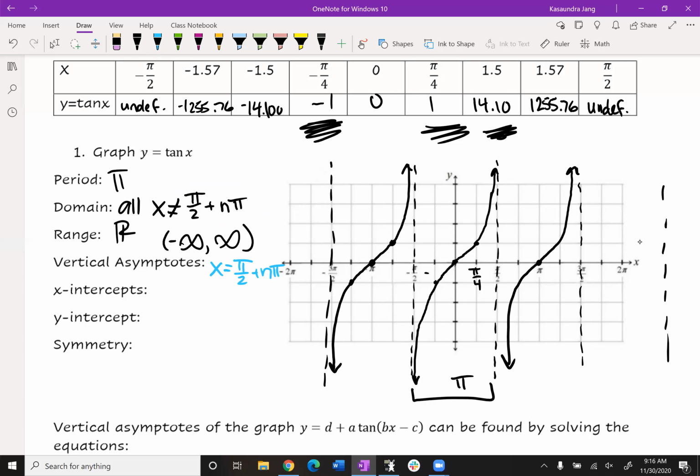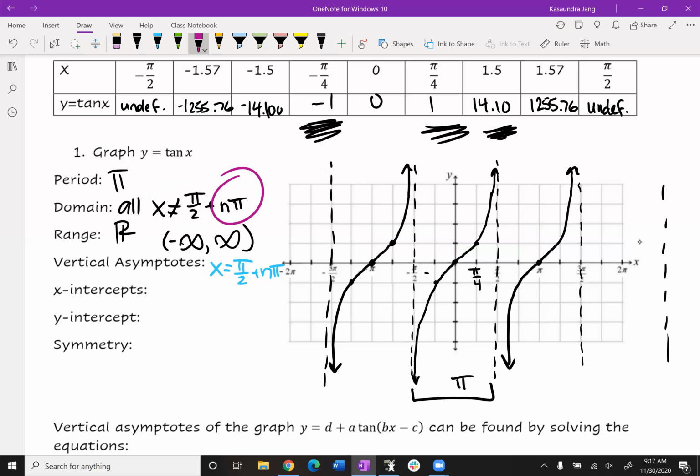X-intercepts, let's see, I hit the x-axis once right there, right in the middle of those asymptotes, again and again and again, which it looks like was at negative pi, and then at 0, and then at positive pi. So it looks like it's happening every distance of pi. So I put an n pi right there, like some number of pi's, 1 pi, 2 pi, 3 pi.